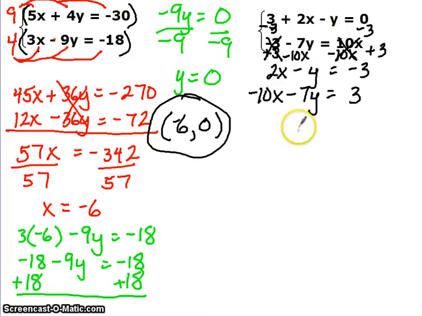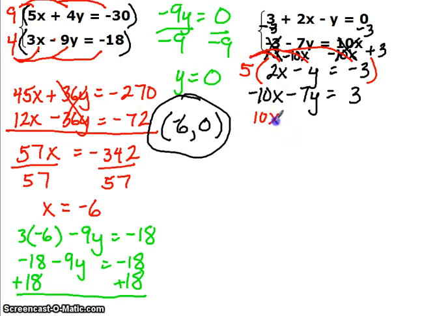Now my numbers aren't the same, so you got to pick which one. What I'm seeing here is that if I multiply this 2 by a 5, it becomes a positive 10, which will cancel out with the negative 10. If you saw something else faster than that one, go with that. It's all about you being able to figure out the best, quickest, and most efficient way to do this.